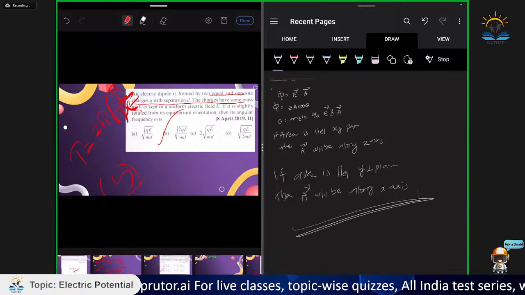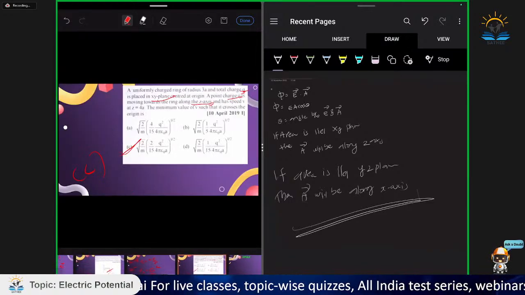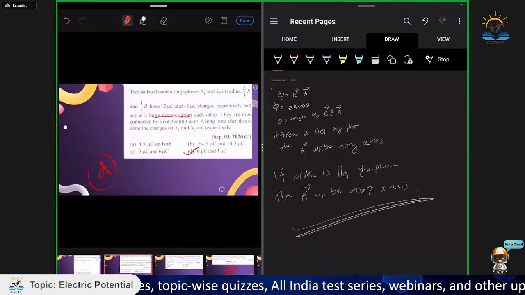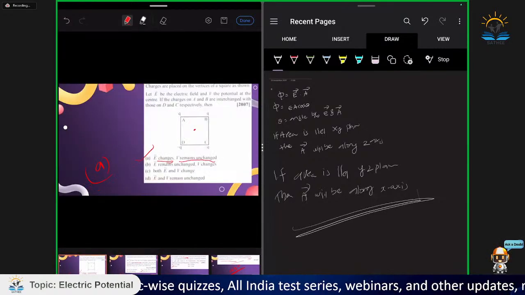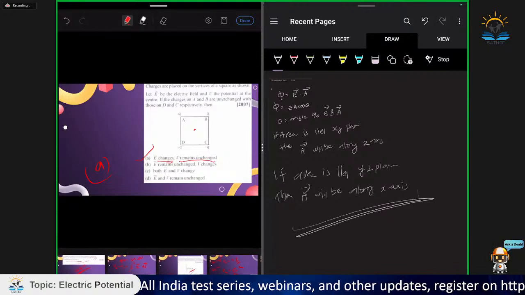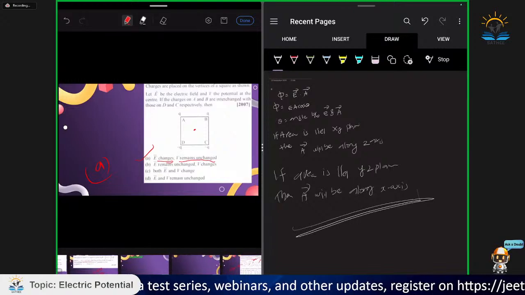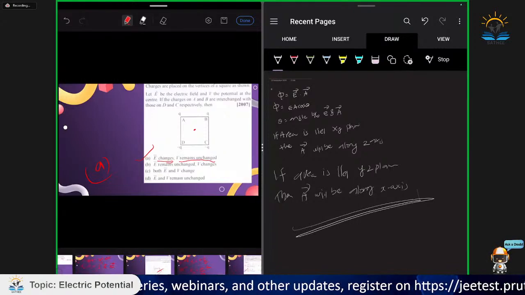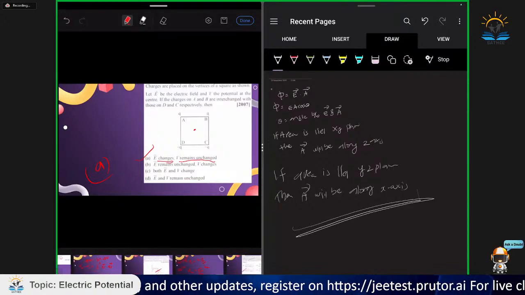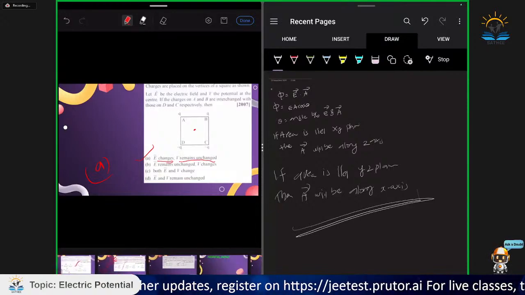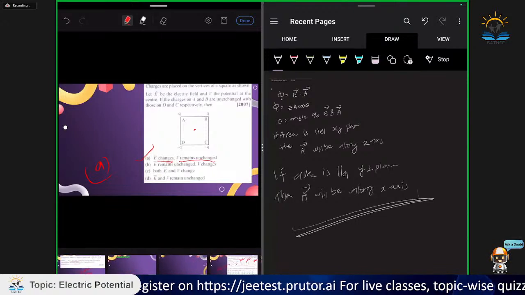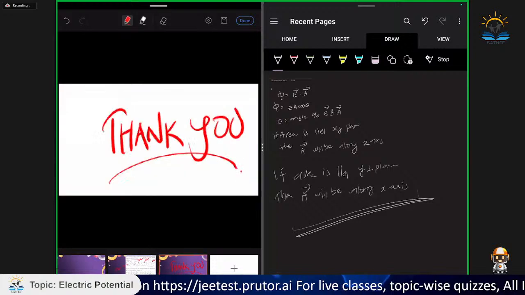Dipole we discussed. This question we discussed, and anything I missed? No. So we completed everything, and we discussed 13 questions.